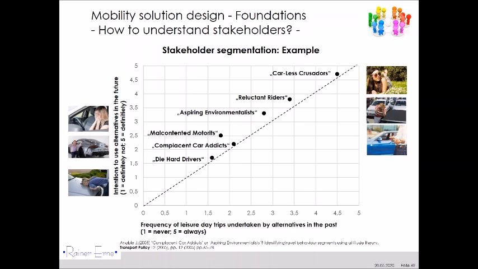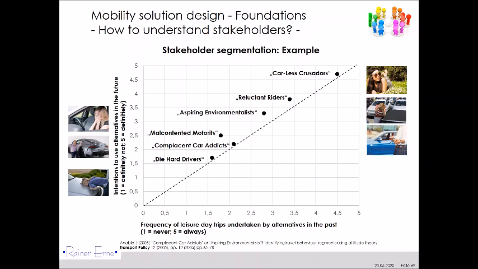So here you don't have to address them because they are using other means of transport anyway. And therefore, in order to lower the number of cars in Stuttgart, you have to focus on all the segments which are in between of these extreme points.